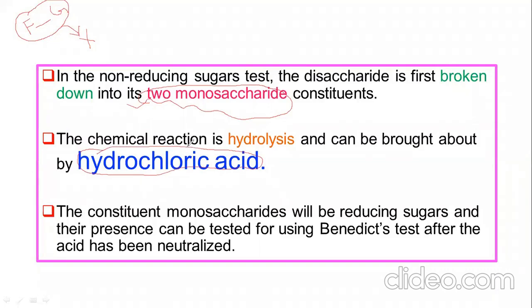When you add it to this solution, what will happen? The chemical reaction is hydrolysis and can be brought about by hydrochloric acid. In the presence of water, it will do hydrolysis.